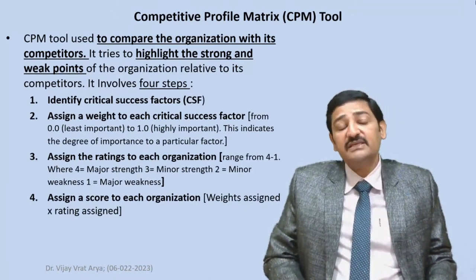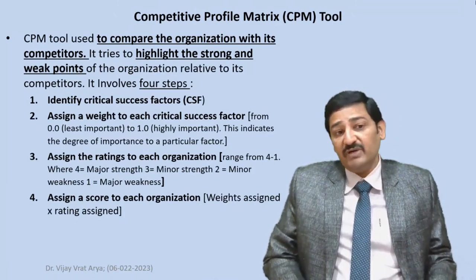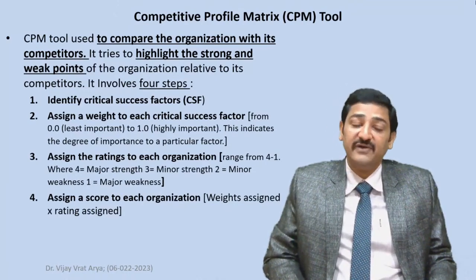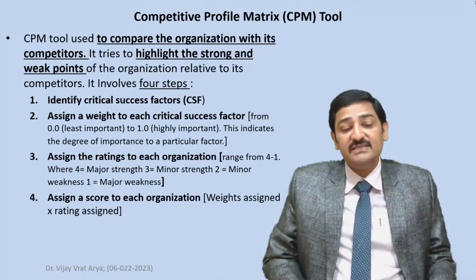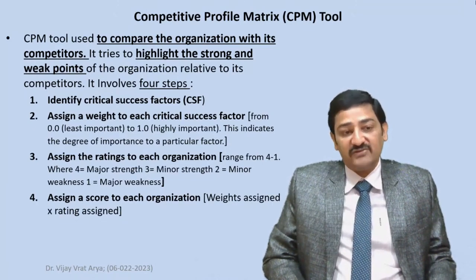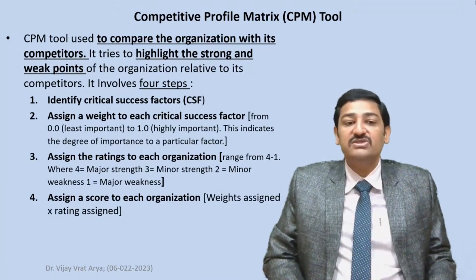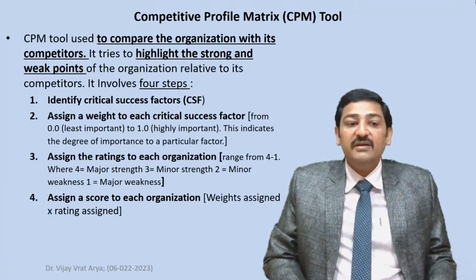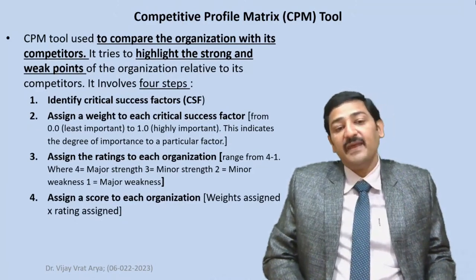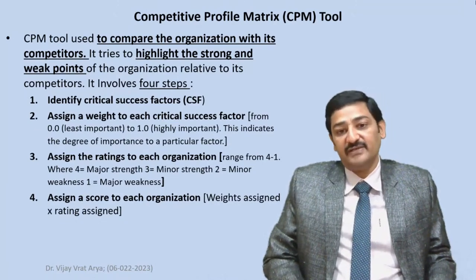Again, it involves four major steps. In step number one, the critical success factors, or CSFs, are identified. In the second step, each of these critical success factors is assigned a weight in a range of 0 to 1, where 0 stands for the least important factor and 1 applies to the highly important factor.